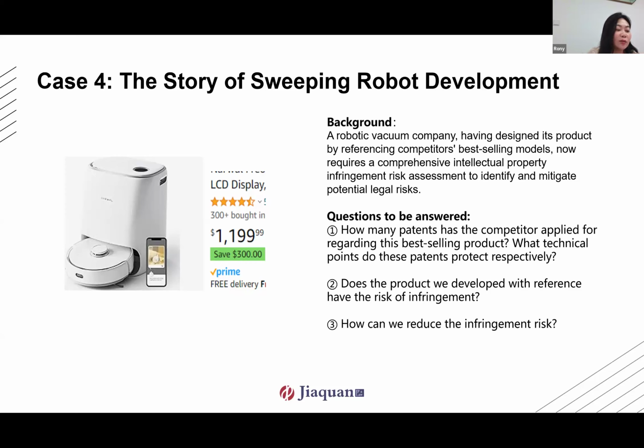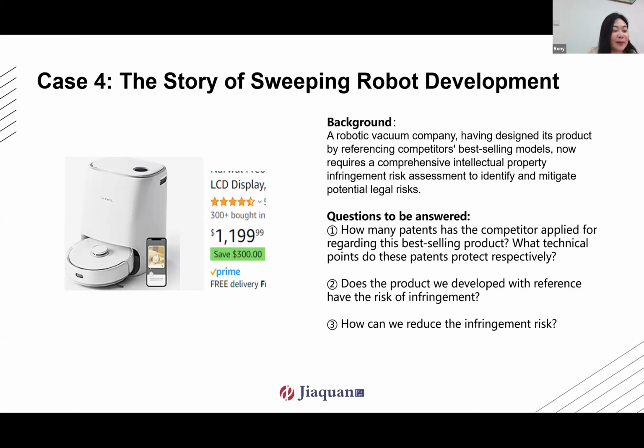It can automatically transport the dust back to its base station, and it can also clean its floor brush and the mop underneath. My client referred to the best-selling sweeping robot of his competitor and developed a similar product.